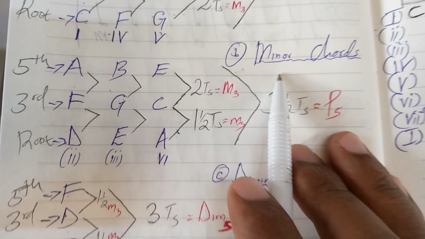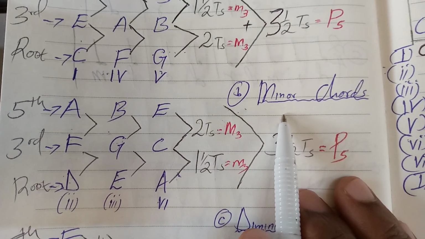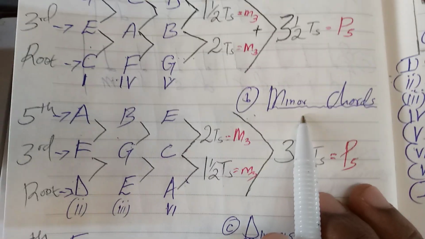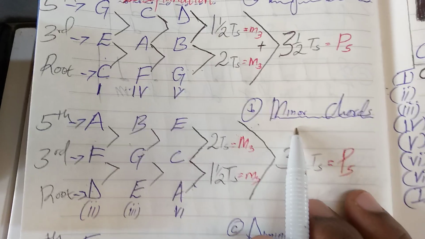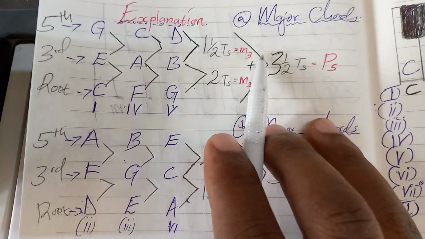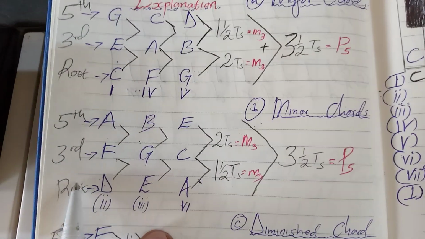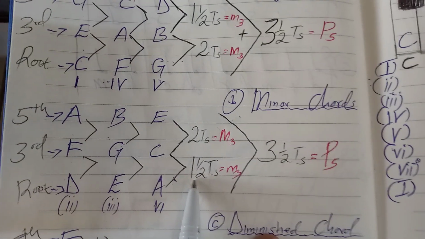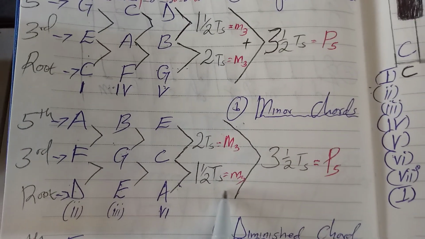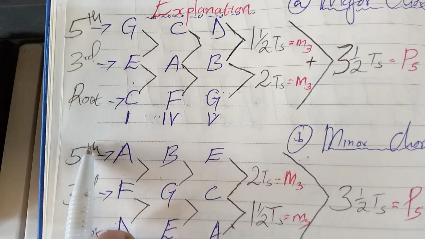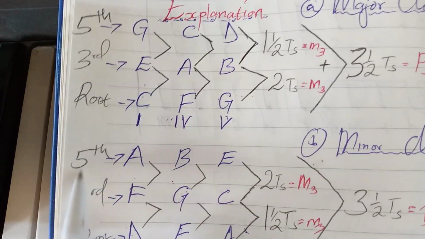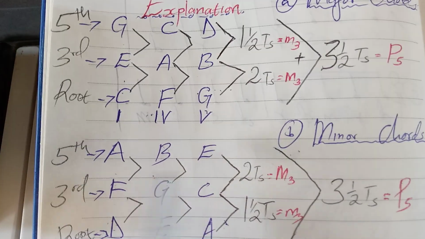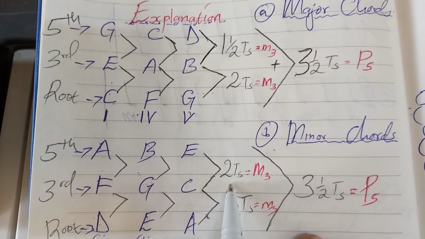So then next, for minor chords, it is the reverse of major. So for minor chords, on the lower third, between the root and the third, we have 1.5 tones. So we have a minor third. Then between the third and fifth, we have a major third, 2 tones.